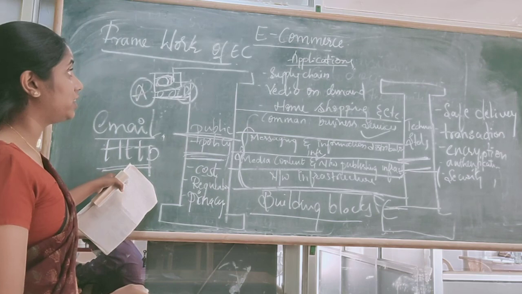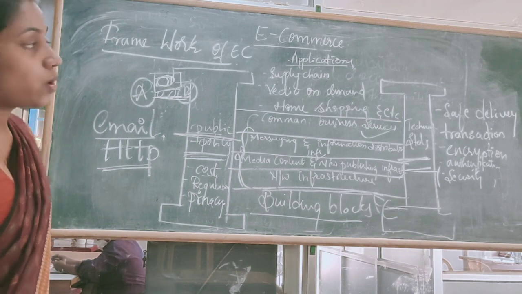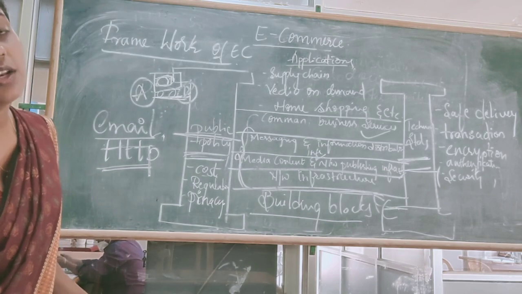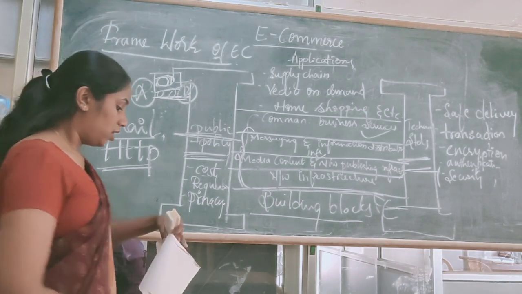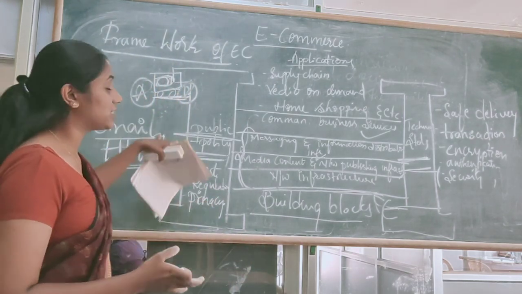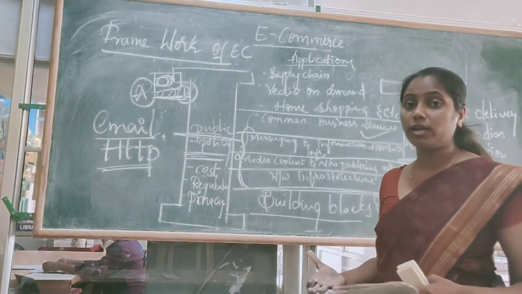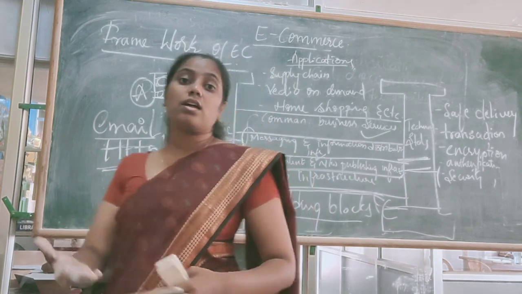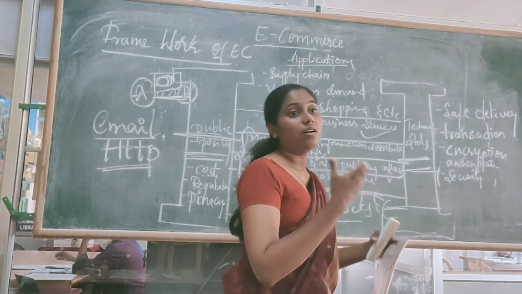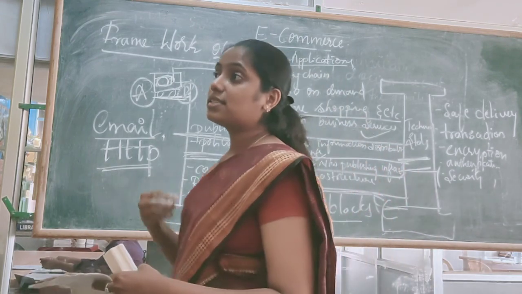This is a very important topic, the framework of electronic commerce. Let me recall this. What is e-commerce? E-commerce is a business methodology in which the organization, the customers and the merchants are focused on cutting down the cost of the product and increasing the quality and services of the product while increasing the speed of delivery.